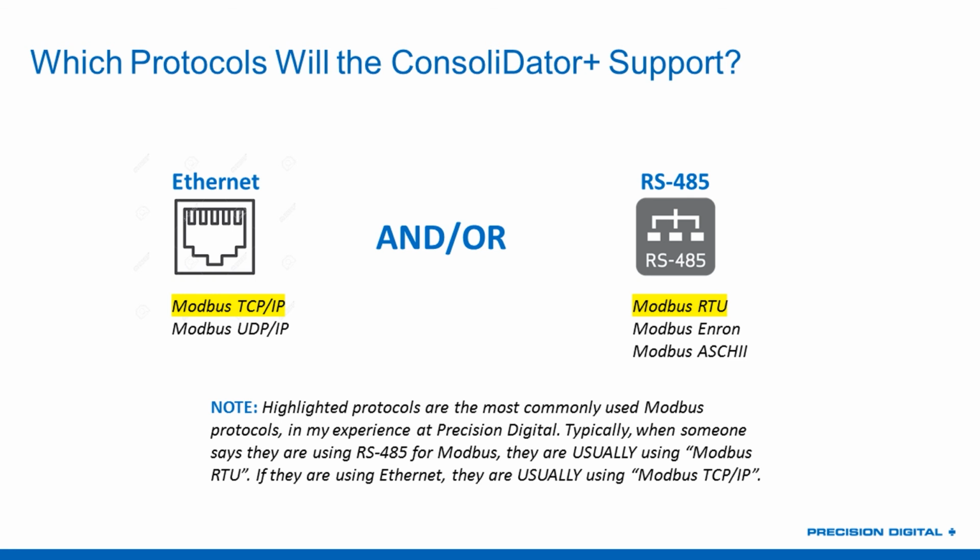Like I mentioned before, the ConsoliDator Plus can operate in multiple modes simultaneously. It can act as a server and a snooper and a spoofer all at the same time, and it can be done on Ethernet and RS-45 at the same time. The reason I'm repeating that so many times is that's a huge benefit for us.